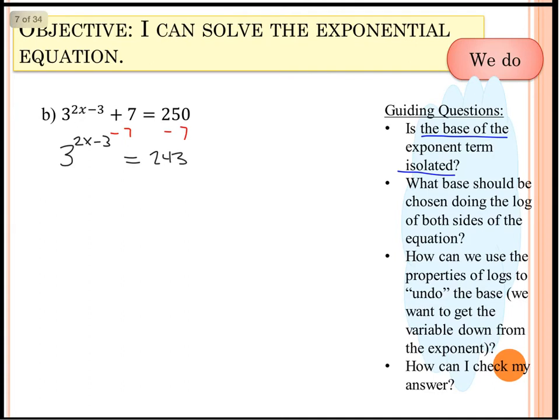Alright, so our base is isolated, and we want to think about choosing a log. So we want to think about what base should be chosen to do the log to both sides. Well, our base in this equation is 3. So now we're going to use log base 3, and we're going to do it to each side of the equation.